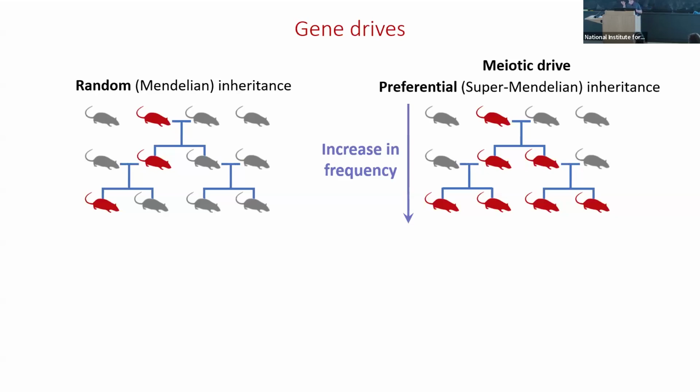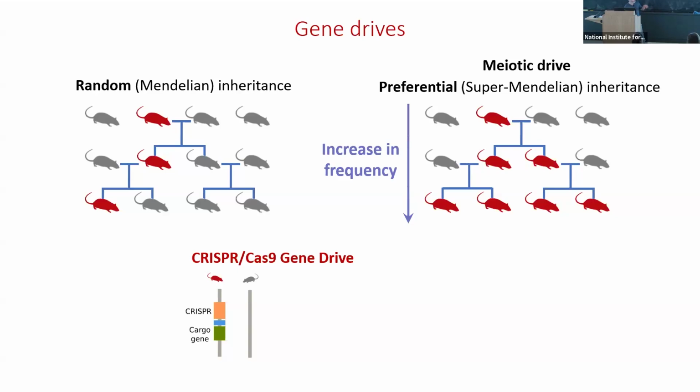All we need to do to spread our deleterious allele into this pest population is have it violate Mendelian inheritance. And one way in which we can do that is using CRISPR-based gene drives. So here the idea is you take the genetic code for the CRISPR mechanism, and you have this cargo gene, this deleterious allele that you want to spread in the population.